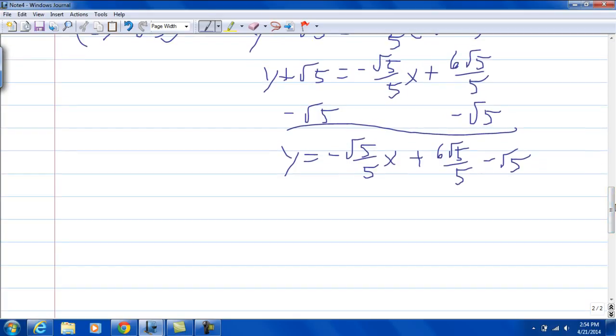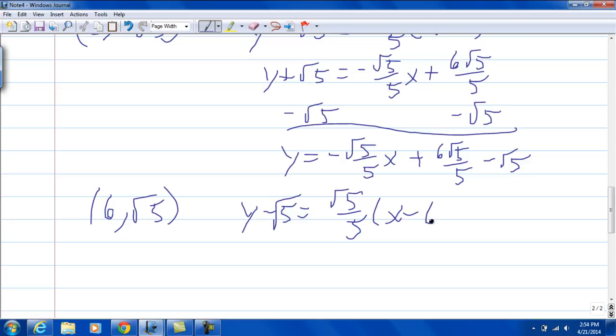What about the case where we had 6 comma positive square root of 5? Our y minus square root of 5 equals square root of 5 over 5 times x minus 6.